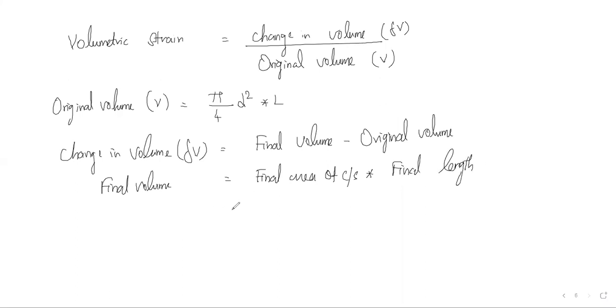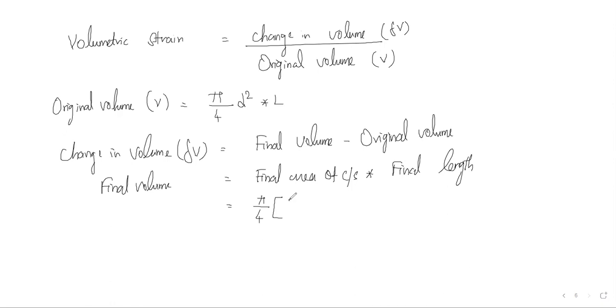Here the final cross section is nothing but pi by 4 into, if I put small d squared, then it becomes original area. Along with that, if I mention the change in diameter, then it becomes the final area.